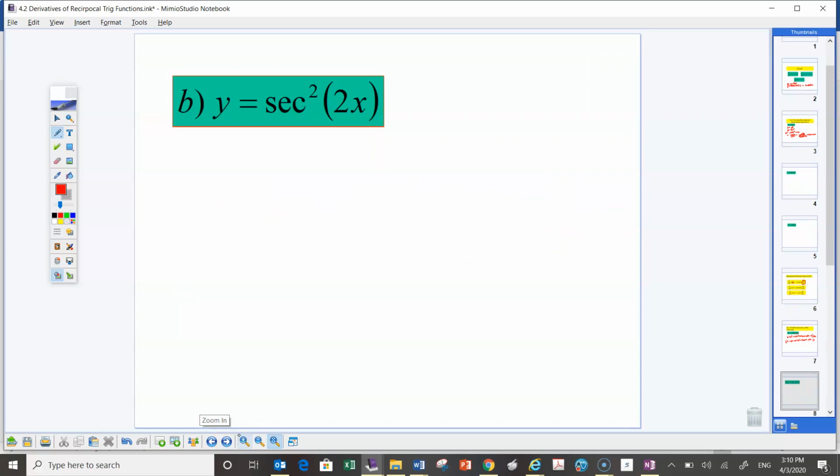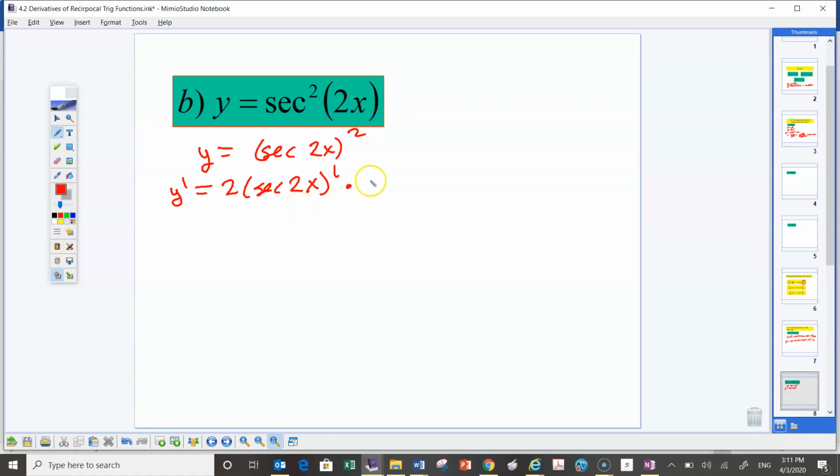All right, we want to do secant squared of 2x, so you have to be careful with this one. First thing, you want to rewrite it as secant 2x, squared, so I have to apply the chain rule first. So the 2 comes out front, the secant 2x drops down to a power of 1, and then I multiply it by the derivative of secant 2x.